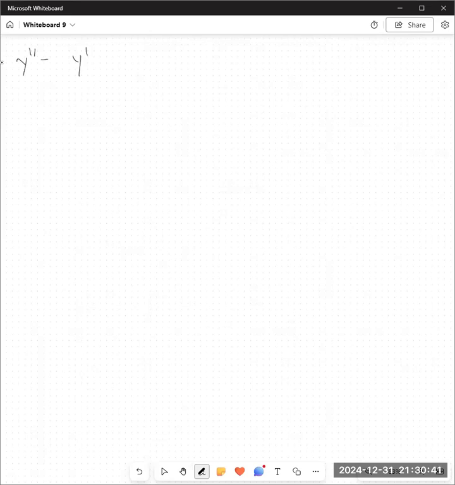So y double prime minus y prime plus 1/4 y is equal to 3 plus e to the x over 2. Let's look for our complementary solution first.